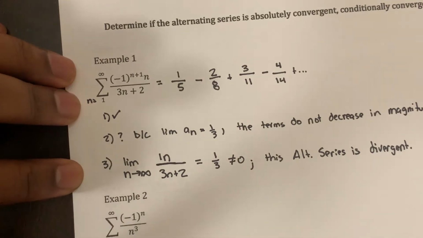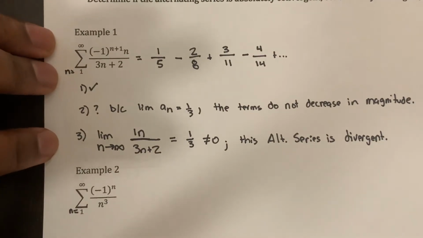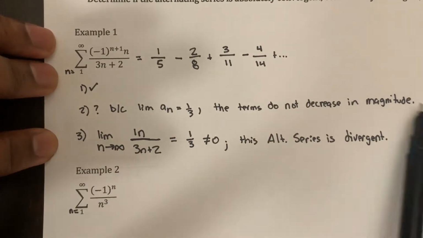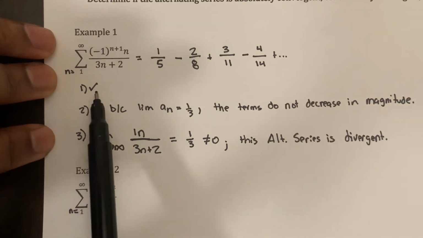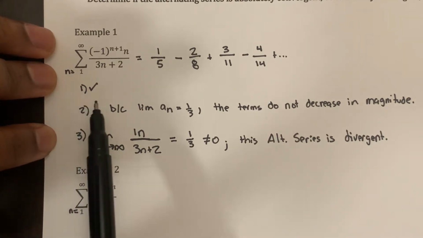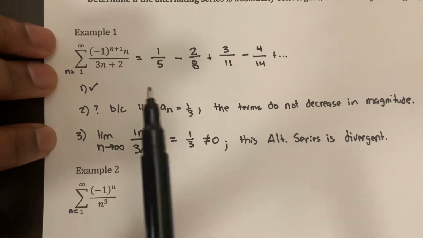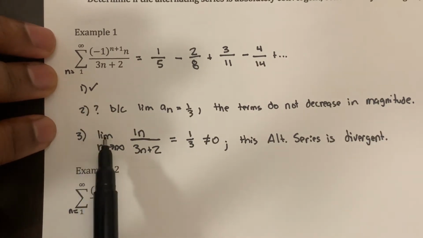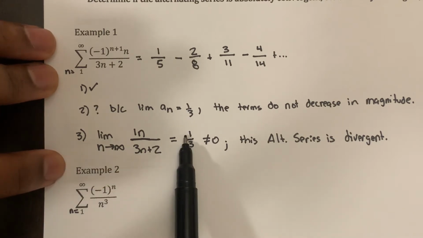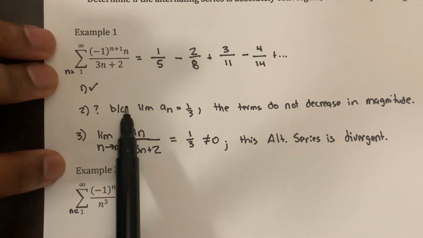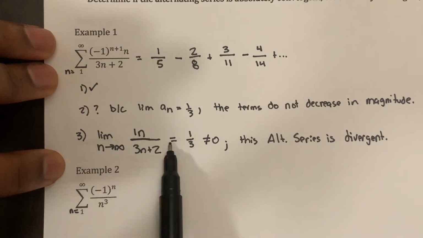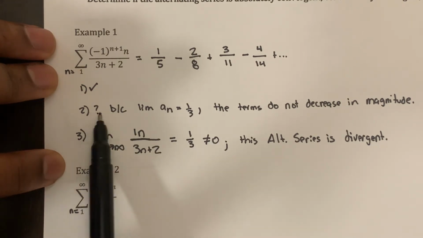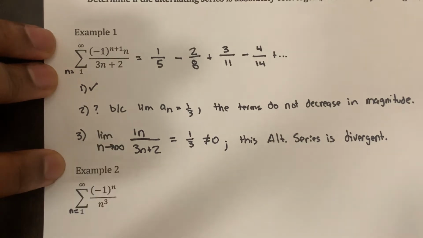So again, if you're checking this, and all the time when you do these things on the AP exam, you will not have the aid of a calculator. So 1 is always going to be easy to check. 2, you can do by inspection. But if you feel like you don't know the answer reasonably, skip to 3, find the limit. And if you get 0, it means that 2 has to decrease in magnitude. Or if you get some limit that's not 0, it means that they don't decrease in magnitude. Not that they get larger, that they just don't decrease.